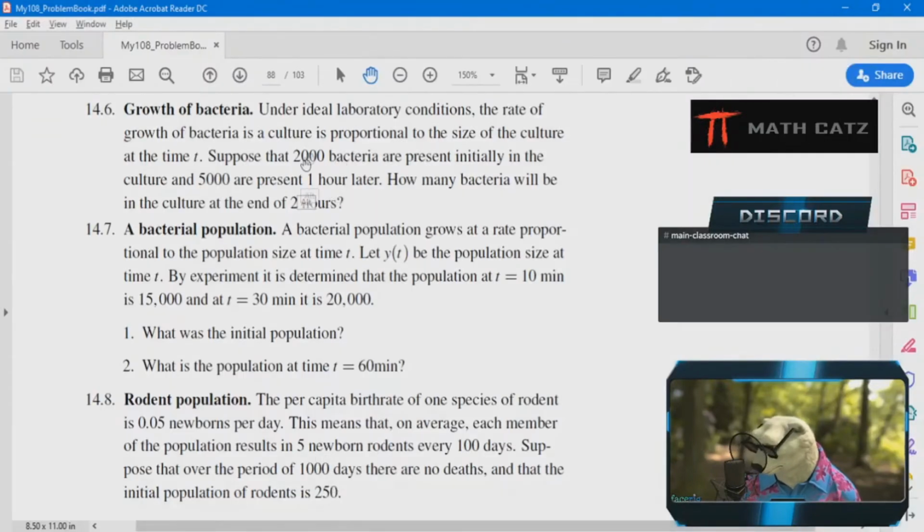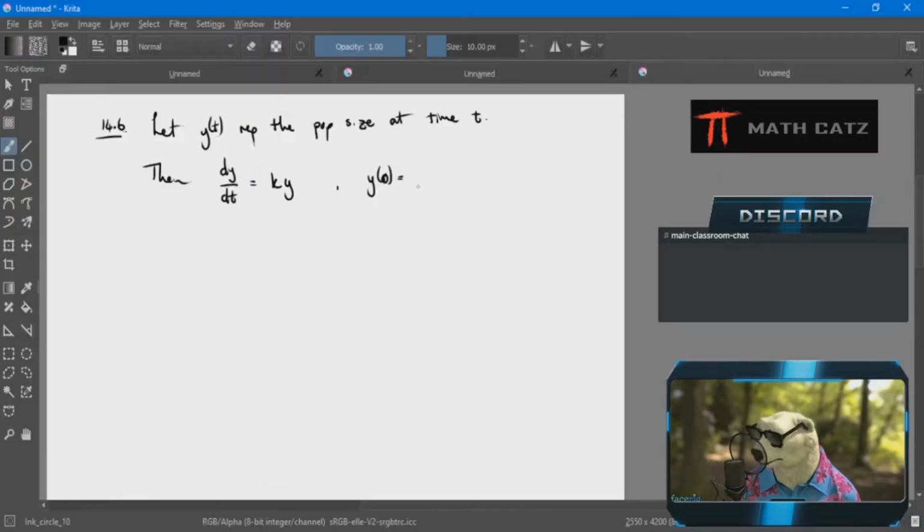In this case, they tell me 2,000 bacteria are present initially, but they don't tell me the growth constant. So I'm going to leave that as a k. And k is going to be my, right now, unknown growth constant. We have to figure it out soon, but we don't know right now.